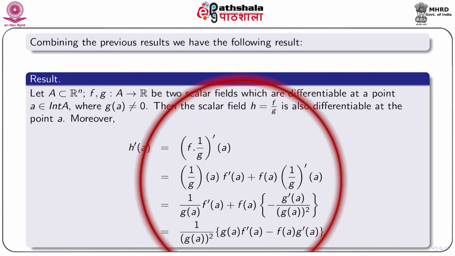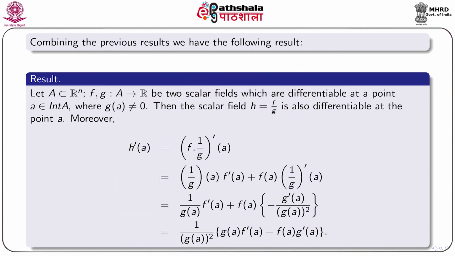So, it equals 1 by G a F dash a plus F a times negative of G dash a divided by G a square. Clearly, this is properly defined since G a was non-zero by our proposition. On simplification, we find that the linear transformation is given by 1 upon G a square times G a F dash a minus F a G dash a.